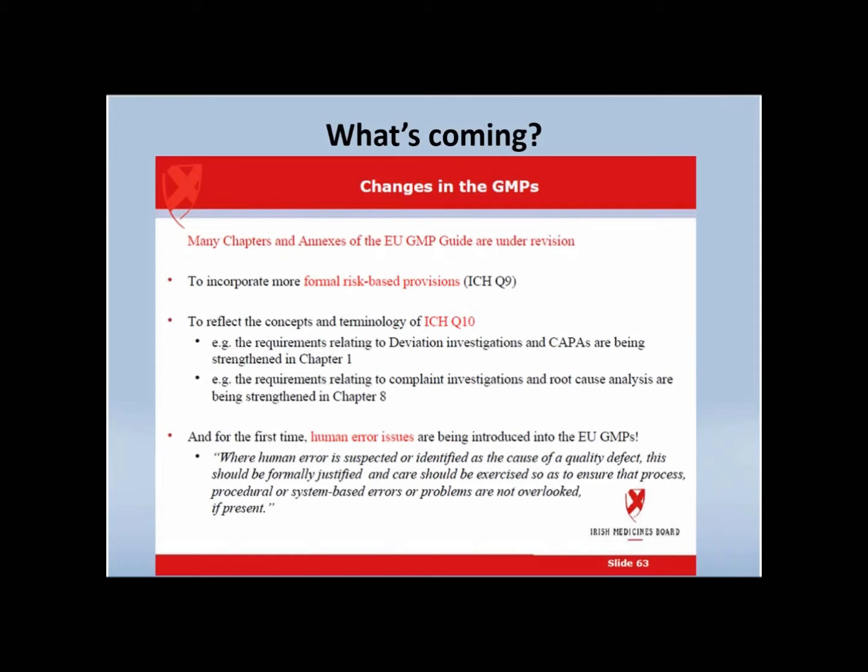Now, let's take a look at a very interesting thing that we saw a year and a half ago, which is part of a presentation at a human error reduction event. This was a slide from the Irish Medicines Board, presented in Ireland. If you notice, this is slide 63.